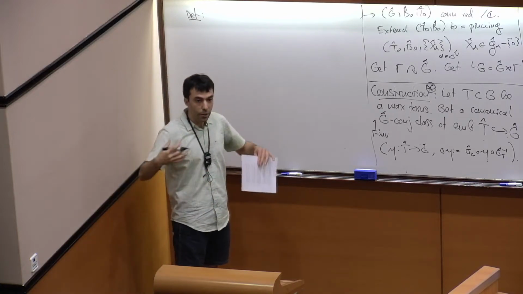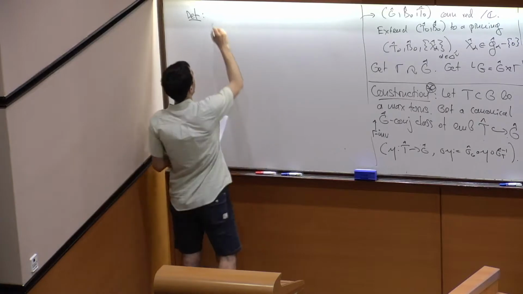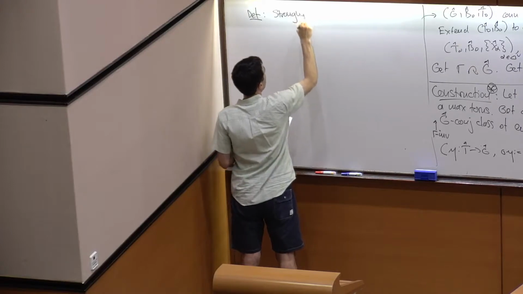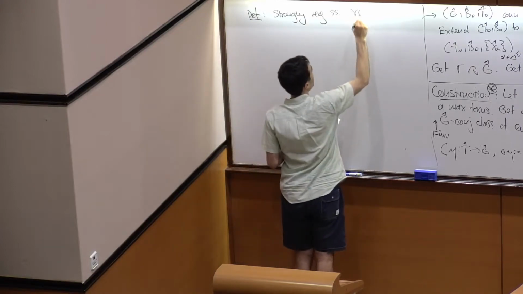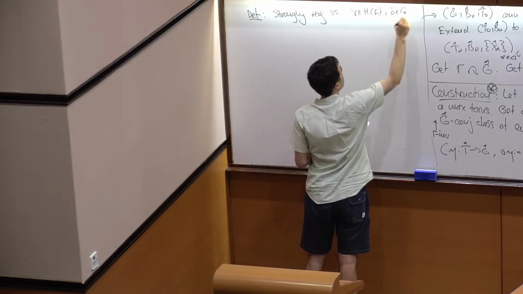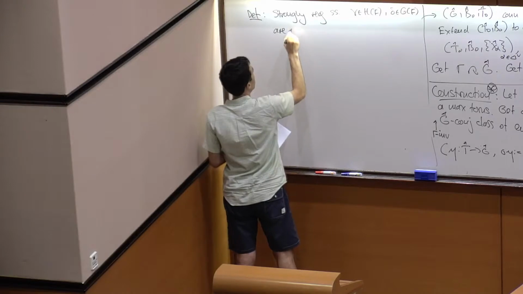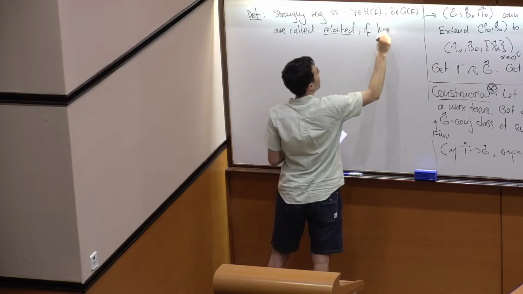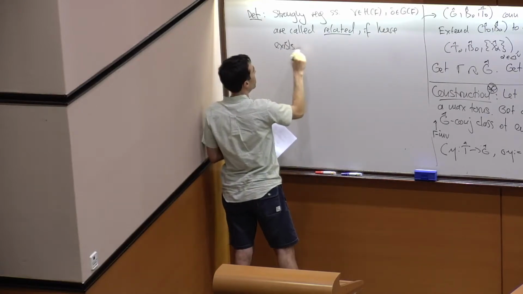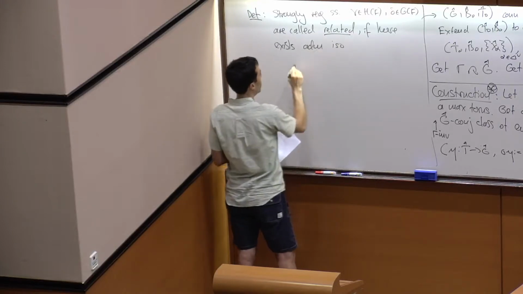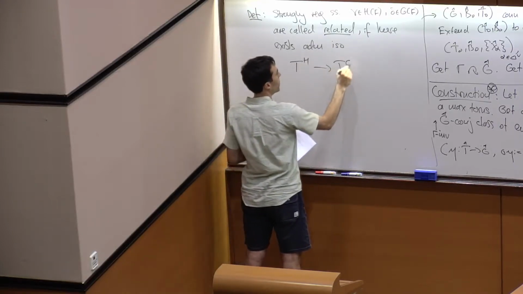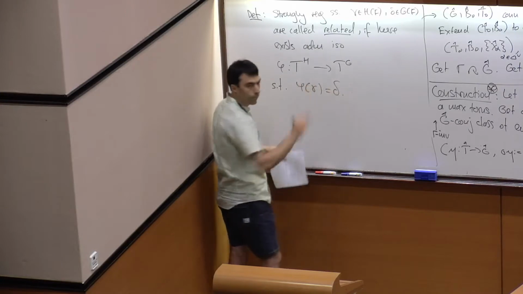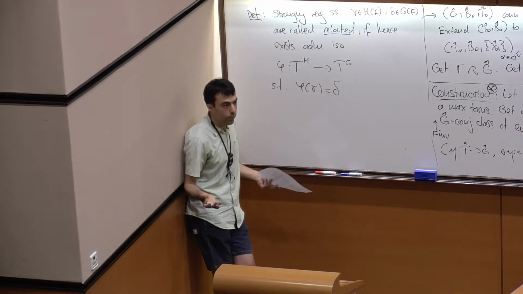You'd like to have a relationship between elements of H and elements of G. And then the definition is: strongly regular semisimple elements gamma in H of F and delta in G of F are called related if there exists an admissible isomorphism between their centralizers, sending the one to the other. Okay, that's what it means for two elements to be related.